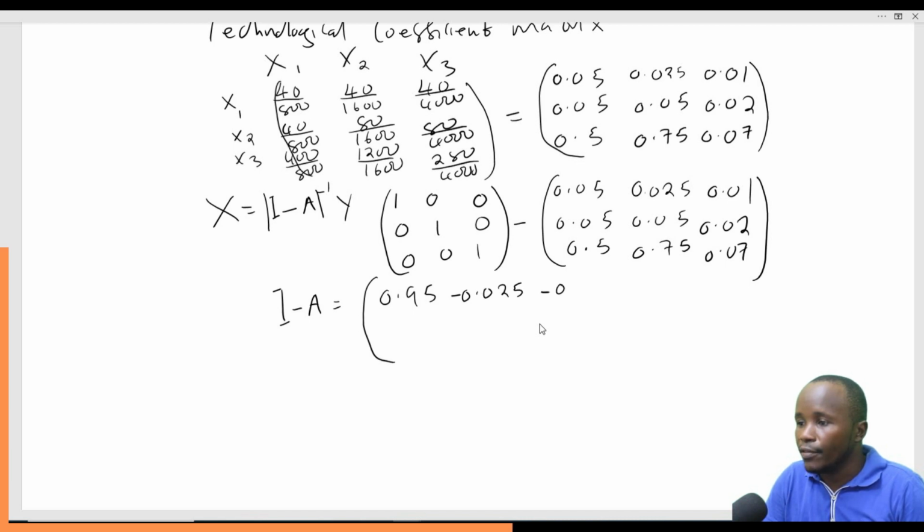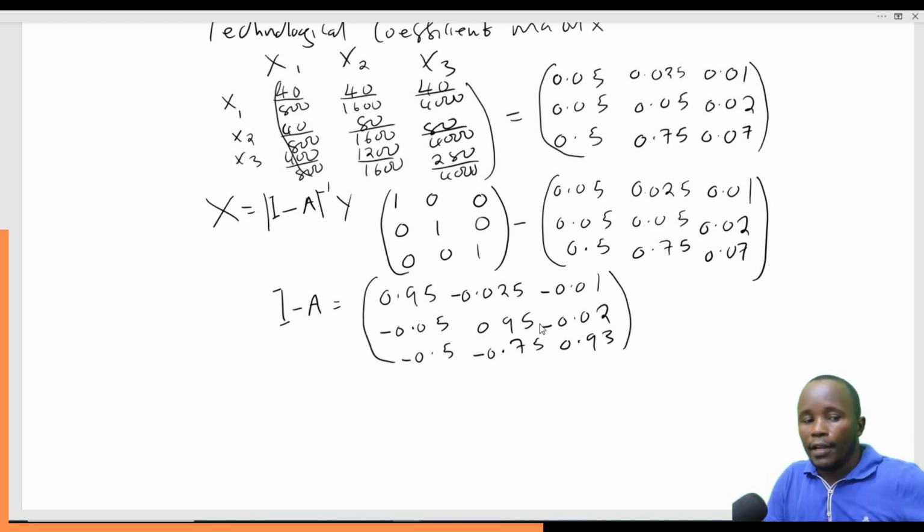And this is negative 0.01. The first one gives me negative 0.05. Then we have 0.95 because it's 1 minus 0.05. And this is negative 0.02. This is negative 0.5, negative 0.75. And this is 1 minus 0.07, gives me 0.93.